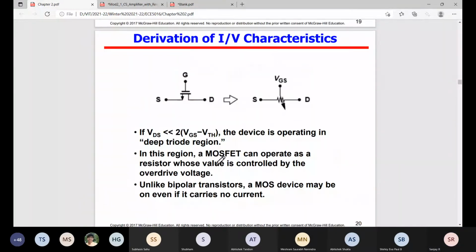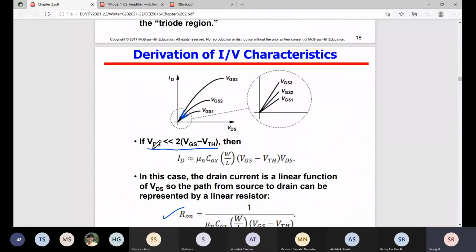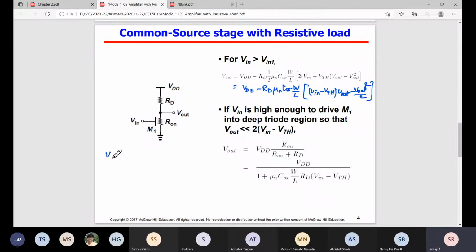You can see when it will be valid: VDS is very much lesser than 2 into (VGS minus VTH). What is VDS here? Vout. What is VGS here? Vin. So Vout much lesser than 2 into (Vin minus VTH).